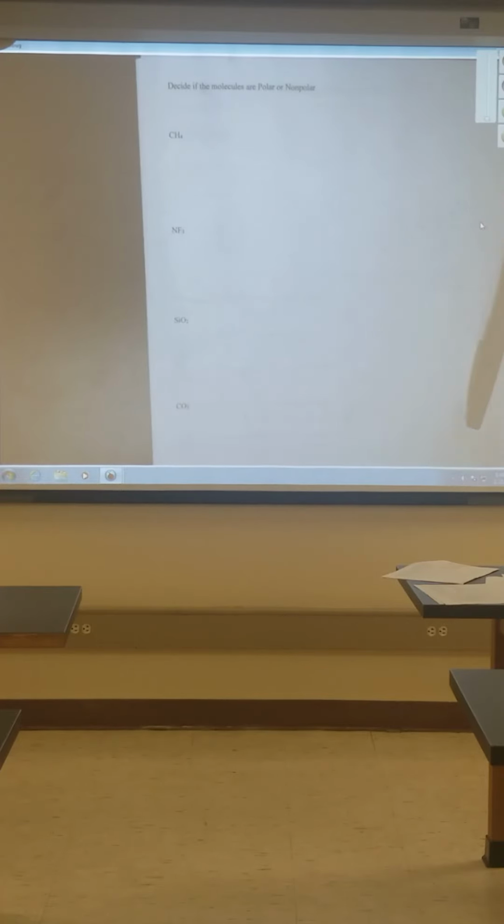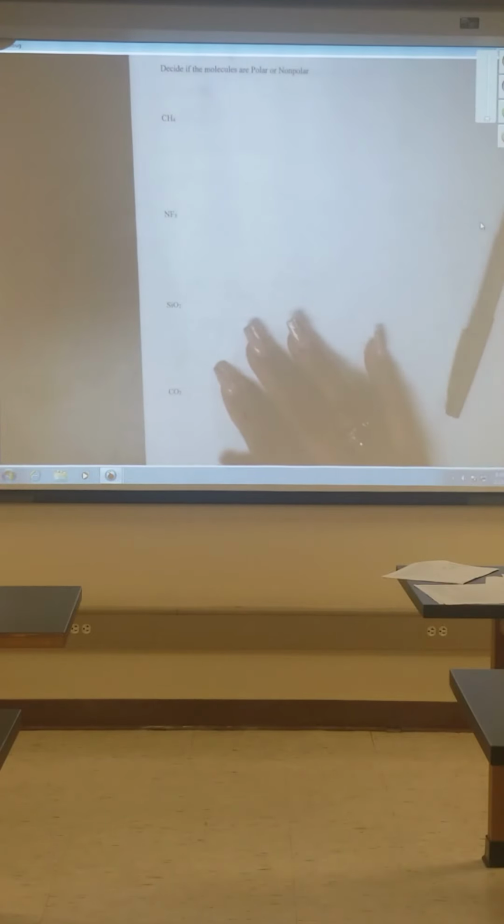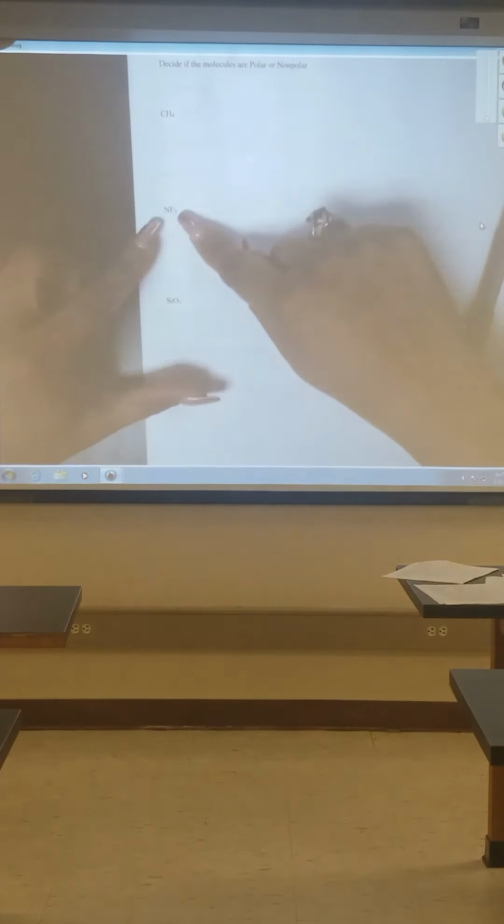If I have just two atoms, then I can go to my electronegativity chart, look at that number, and do the subtraction. Super easy. Then I can see where it falls in the range: is it covalent or ionic? But since I have more than two atoms bonding together, in that case, you're gonna have to do the drawing.